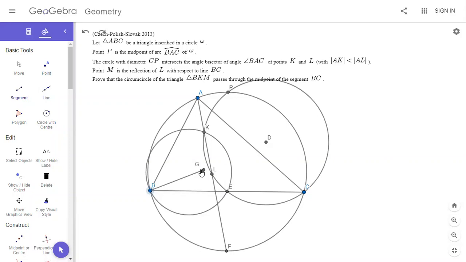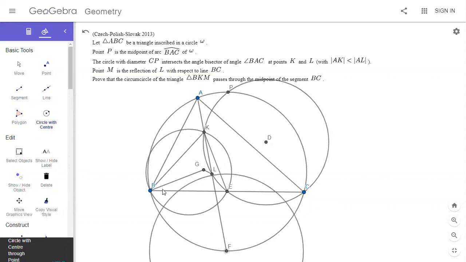We want to show BGLE is cyclic, where G is the orthocenter of BKE. We have to compute angle BLE. Let me try something.